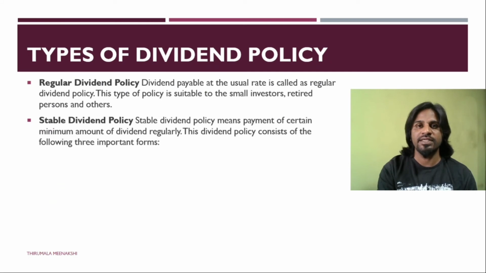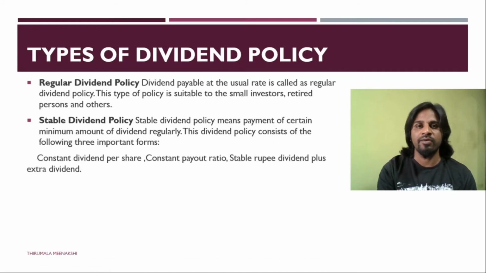Second, we have stable dividend. In this case, whether the company is going to earn high profits, low profits, or no profits, in any of these cases the company decides its policy to be paying stable dividend. For this purpose, it chooses three ways. We have constant dividend per share.